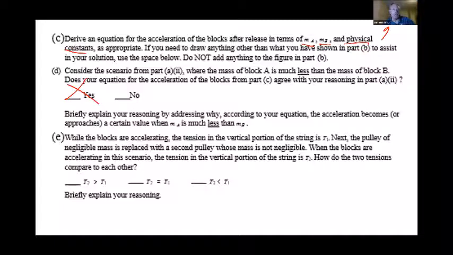I think the trickiest part of this problem is part E. So take a minute and read part E and see if you can come up with an answer.